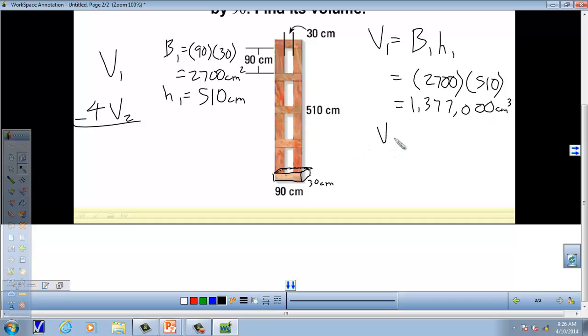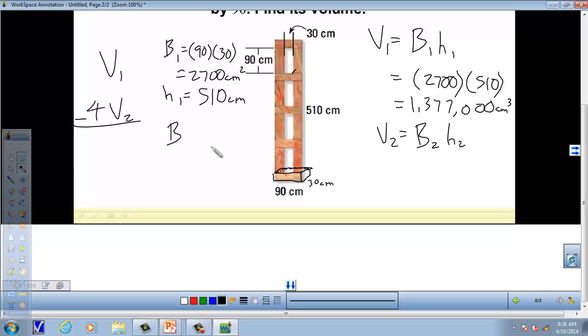Now we're going to do volume 2, which is the volume of just one of these openings here. So we would say base 2 and height 2. And again, remember this is going back 30 and then up 90 and across 30 there.